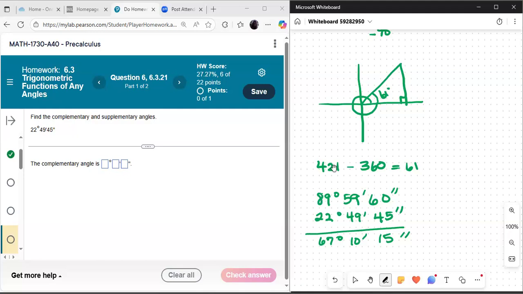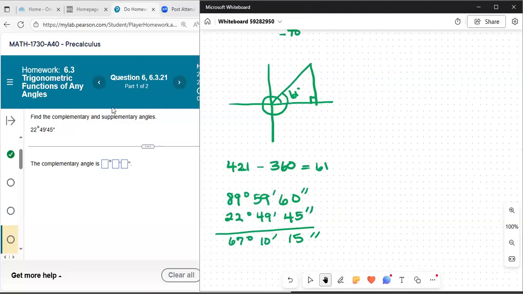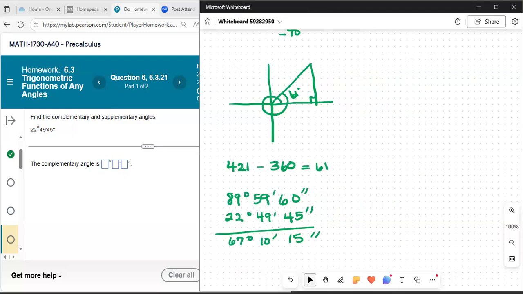And then to find an angle that is supplementary, we have to subtract it from 180 degrees. So 180 degrees is 179 degrees, 59 minutes, 60 seconds.